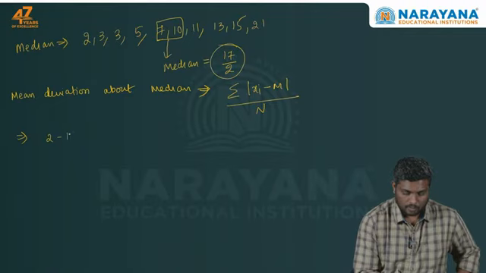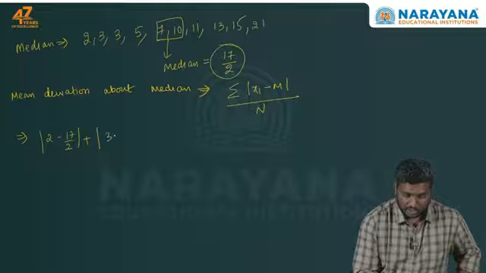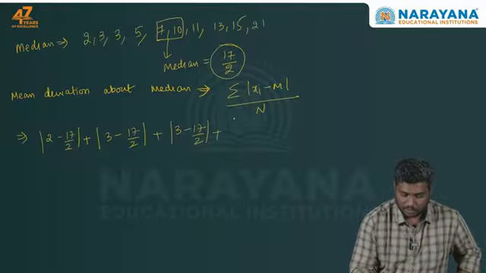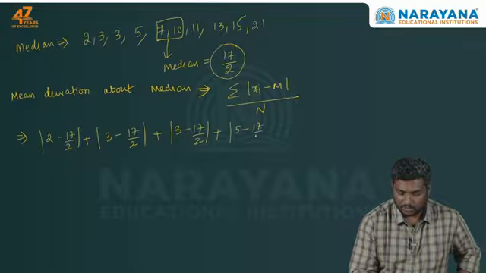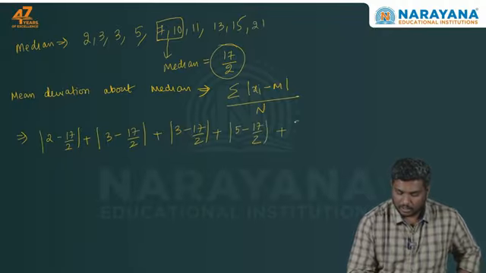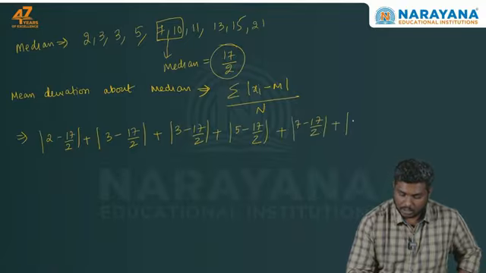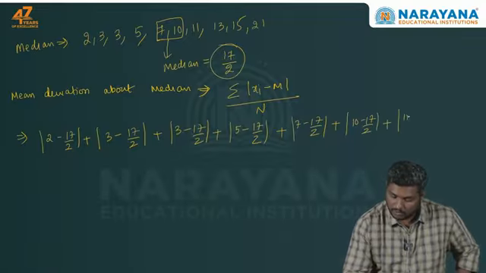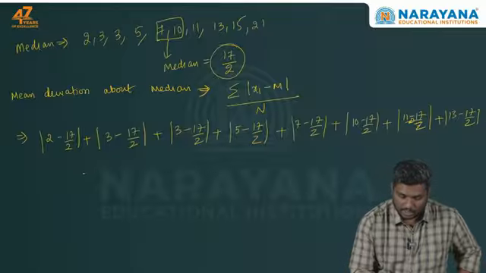So 2 minus 17 by 2, plus 3 minus 17 by 2, plus 3 minus 17 by 2, plus 5 minus 17 by 2, plus 7 minus 17 by 2, plus 10 minus 17 by 2, plus 11 minus 17 by 2, 13 minus 17 by 2, and you have to calculate all this summation.